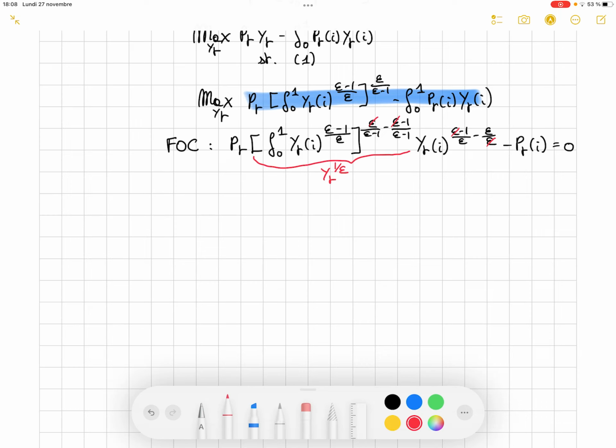And so at the end, this optimal choice of the final firm makes this demand function of the firm that is equal to this multiplied by the price.